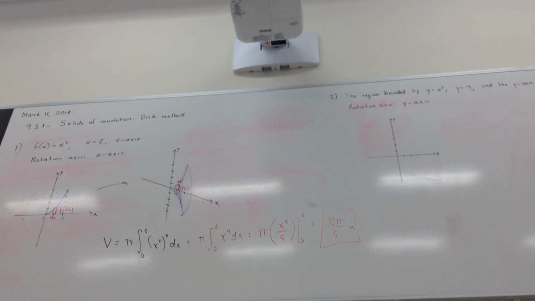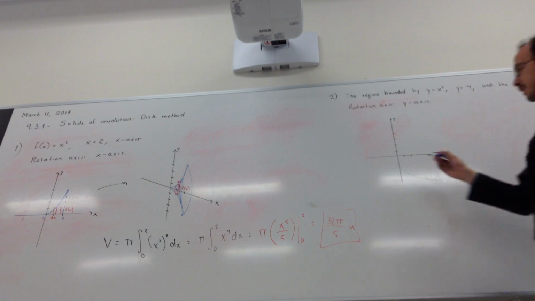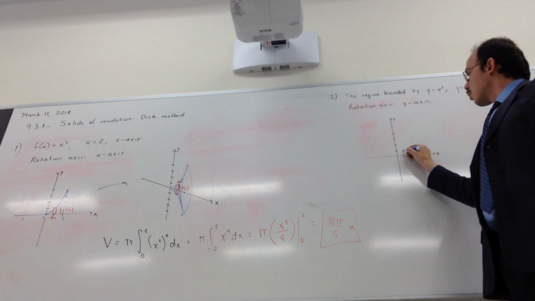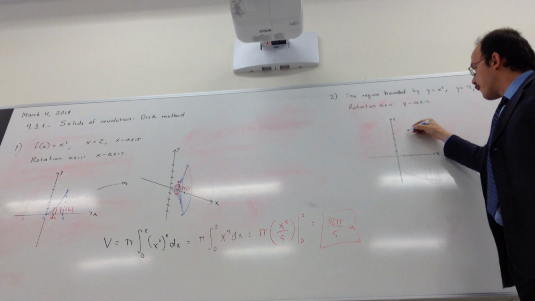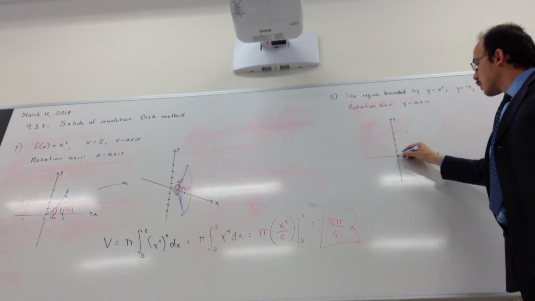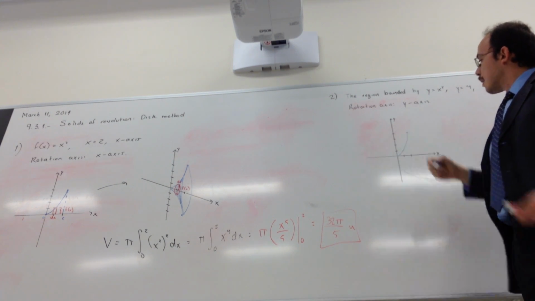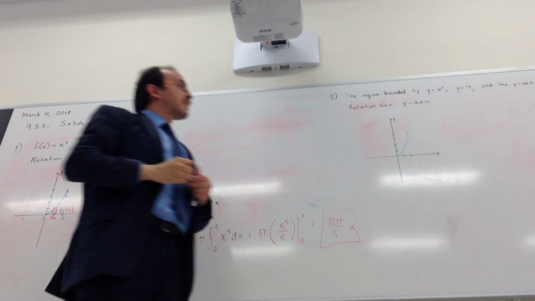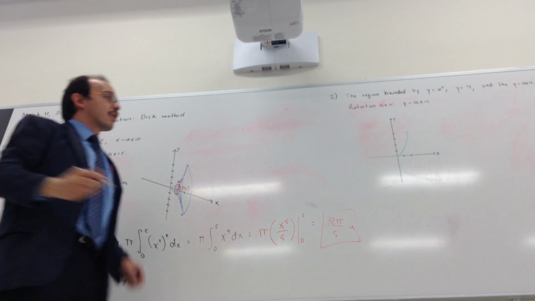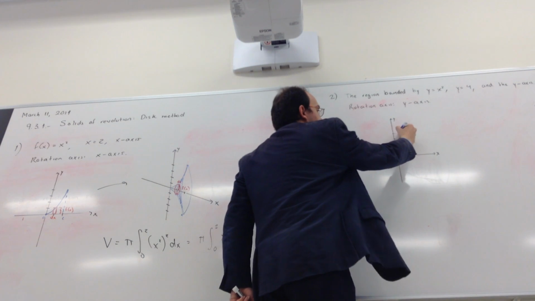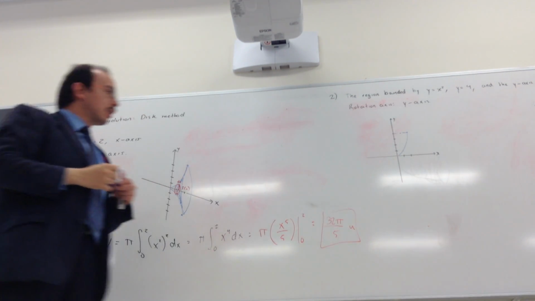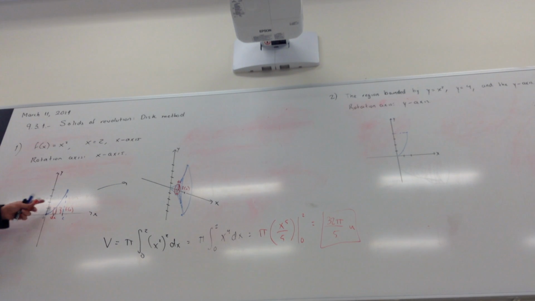First into D, so the function is going to be the same. 0, 1, 1, 2, 4. But this time it says y equal to 4, so it will be from here to 4, and the rectangle will be what? Vertical?